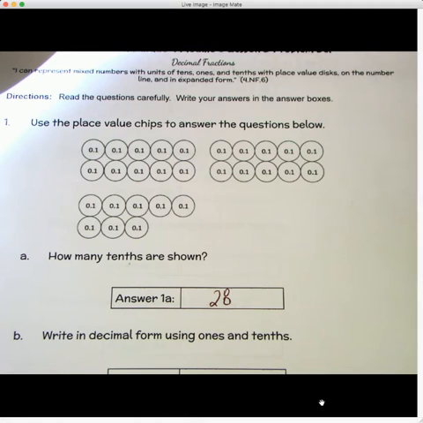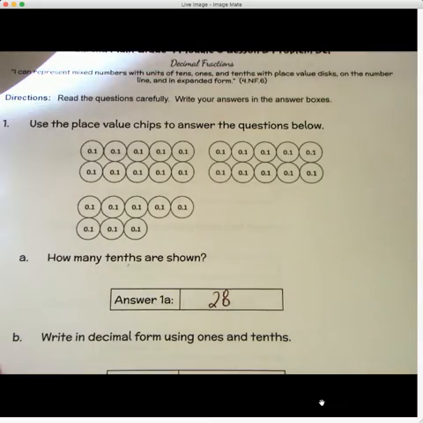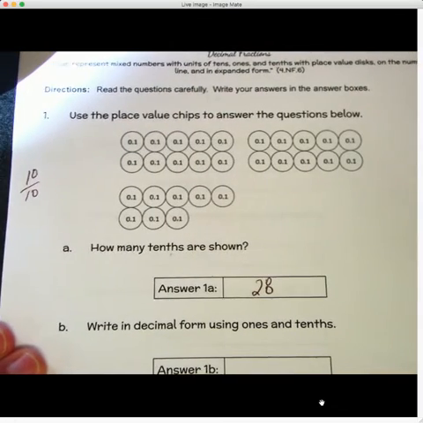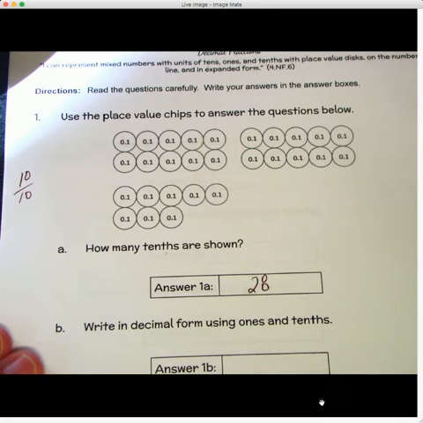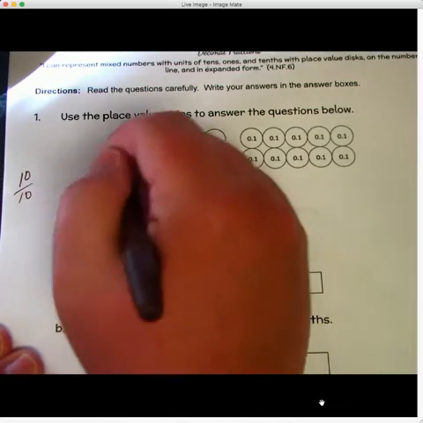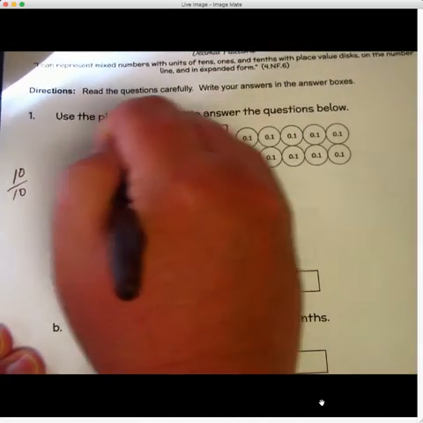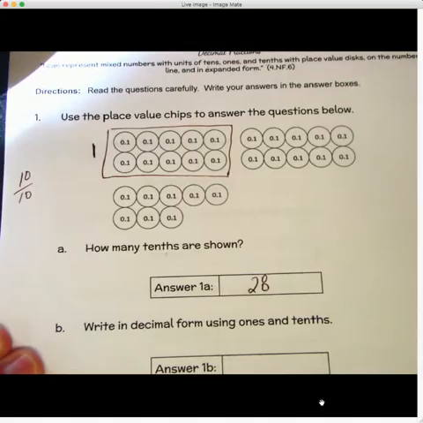Okay, so what we can do when we have these place value chips is we can find wholes. And we remember that in fractions, 10 tenths equals one whole. So every time we can circle 10 tenths, we have a whole. So here's a group of 10 tenths. That's one whole.